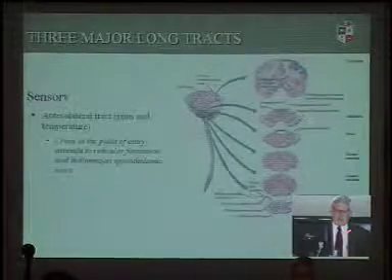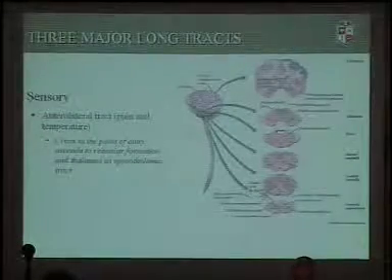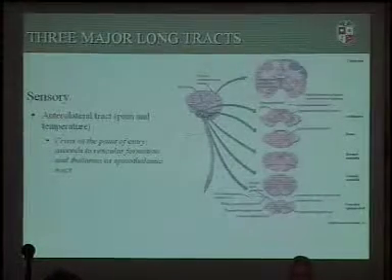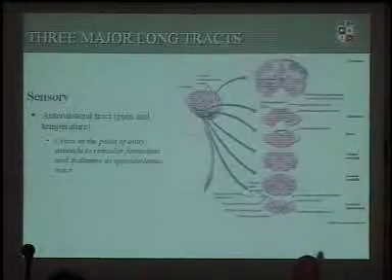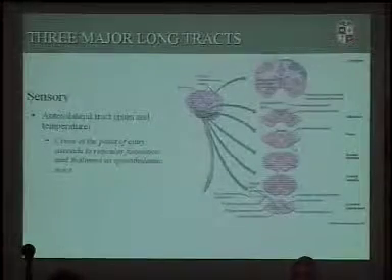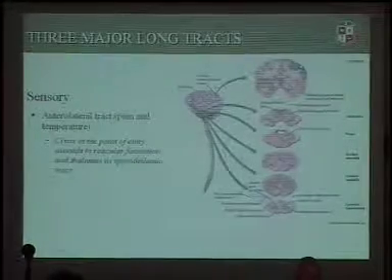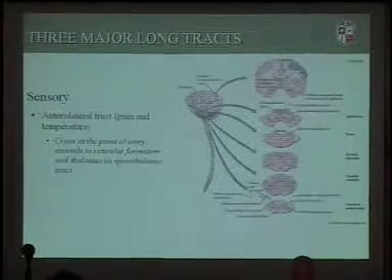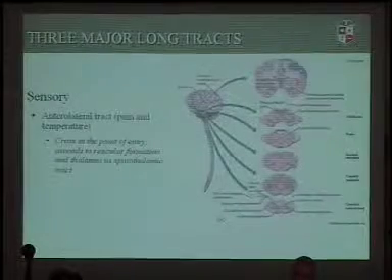The important thing to remember about this pathway is, of course, where it is as it goes along, but the fact that when it comes in to the various levels of spinal cord, it crosses over immediately to the opposite side and then travels up through the spinal cord, the brain stem, all the way up to the cortex. Interruption of that pathway anywhere along there will give you a deficit in what we call general sensation, pain and temperature.